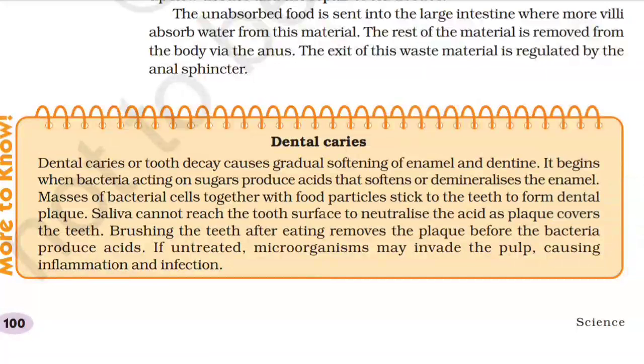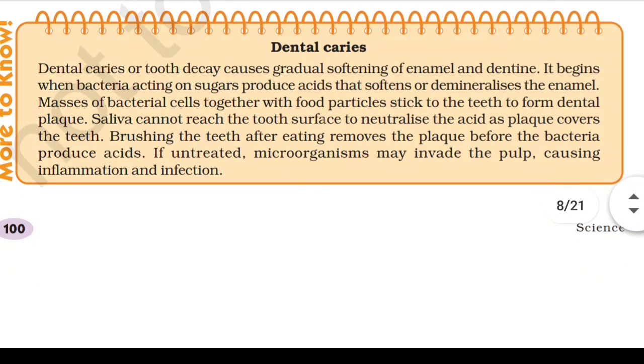Saliva cannot reach the tooth surface to neutralize the acid as plaque covers the teeth. Brushing the teeth after eating removes the plaque before the bacteria produce acids. If untreated, microorganisms may invade the pulp, causing inflammation and infection.